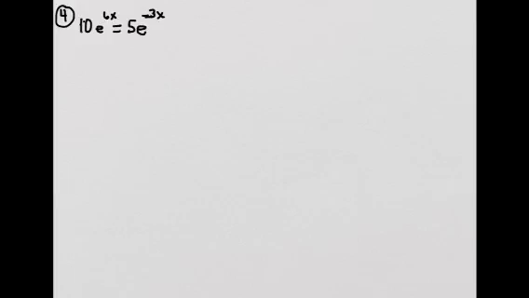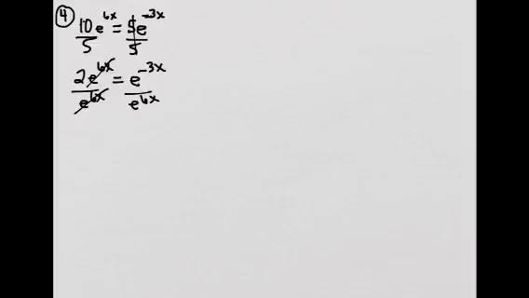So I'm going to divide both sides by 5. So then I get 2e to the 6x equals e to the negative 3x. I can divide both sides by e to the 6x. That makes this 1, so I get 2 equals, now I'm going to subtract the powers because the bases are the same, so it's going to be e to the negative 3x minus 6x.